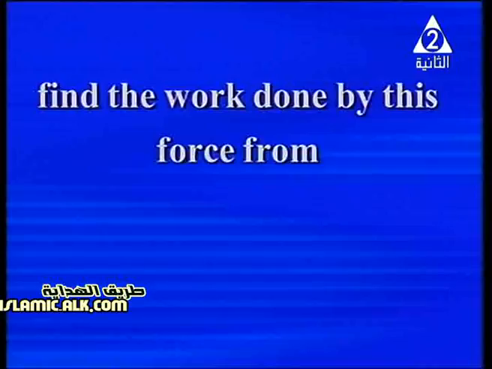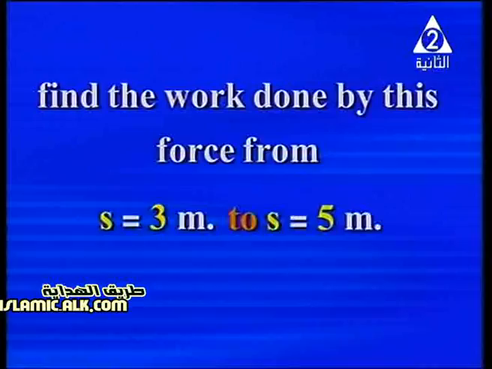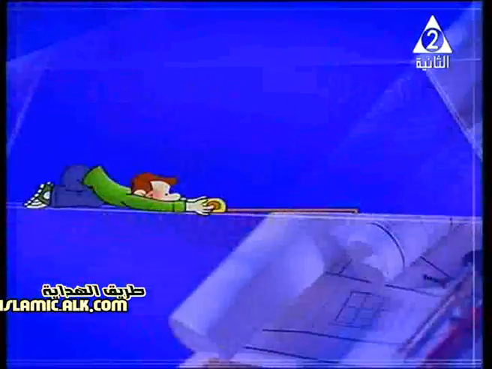Find the work done by this force from s equals 3 meters to s equals 5 meters. Remember, dear student, we have a body with a force. The force is variable with s. The required is the work done by the force from s equals 3 meters to s equals 5 meters.